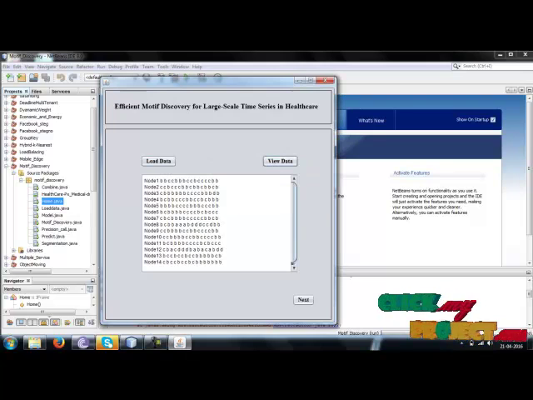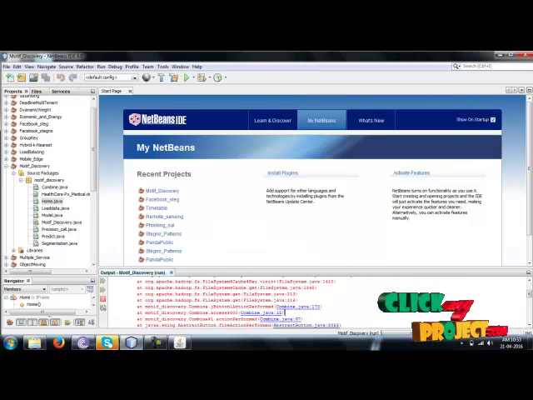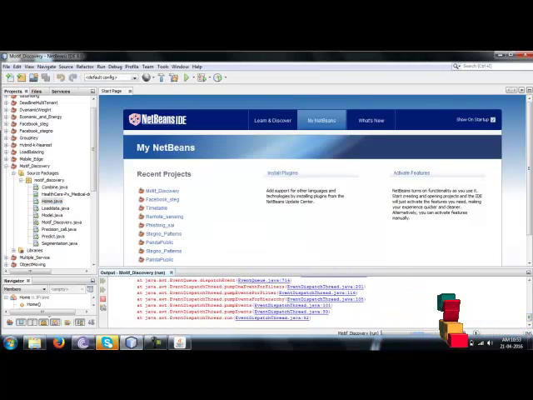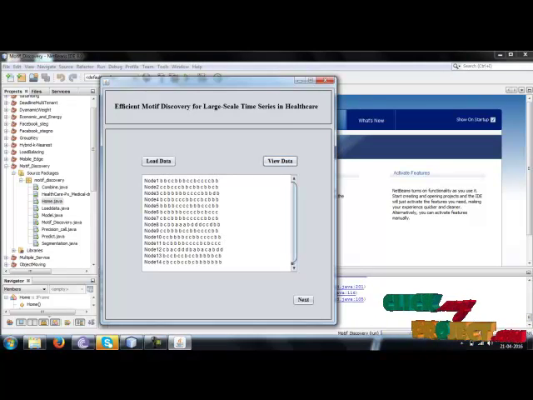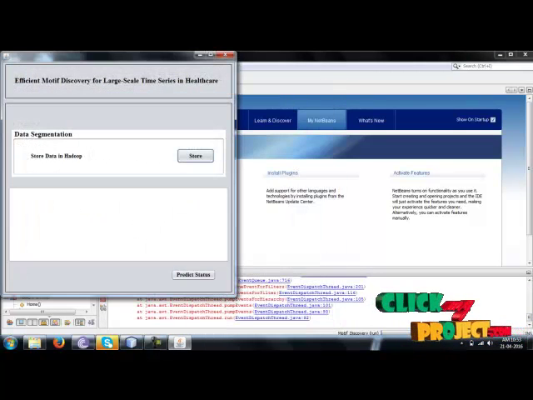Viewed successfully. Next, store the data into Hadoop.